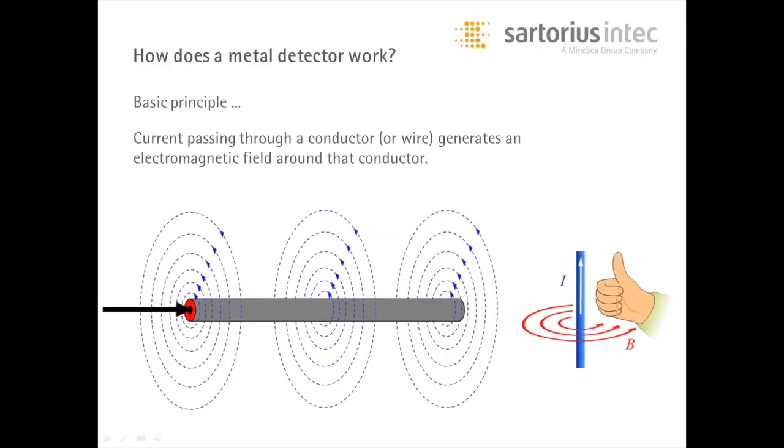The blue copper wire on the right-hand side shows the direction of the current, and the red arrows circling show the direction of the electromagnetic field. So when you see someone giving you the thumbs up, I really don't think they're giving you the thumbs up, but trying to teach you a little bit about physics.